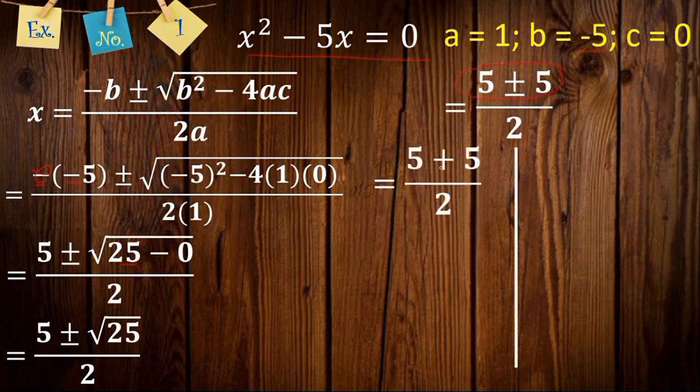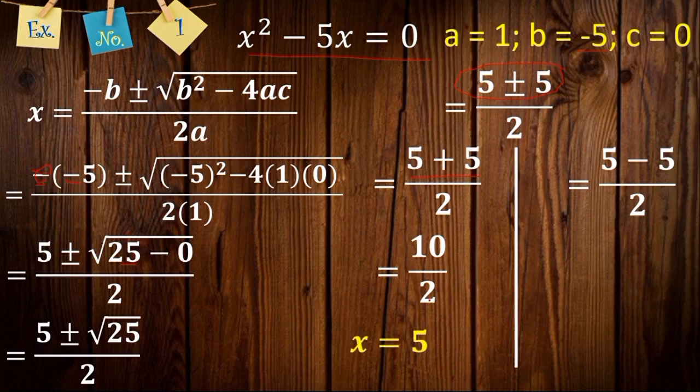We have 5 plus 5 over 2, and we have 5 minus 5 all over 2. 5 plus 5 is 10 divided by 2, x is equal to 5. On the other side, 5 minus 5 is 0 divided by 2, x is equal to 0. So the roots are 5 and 0.